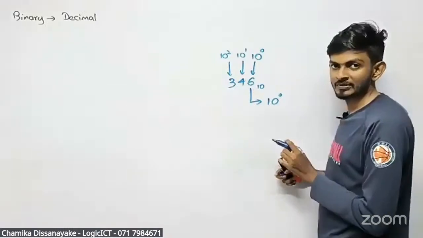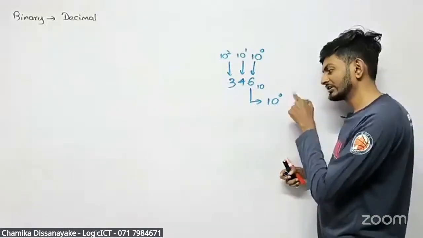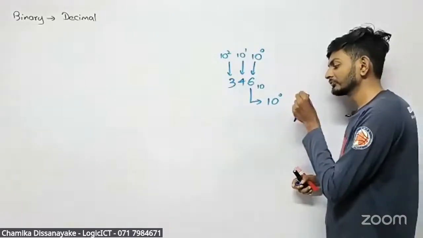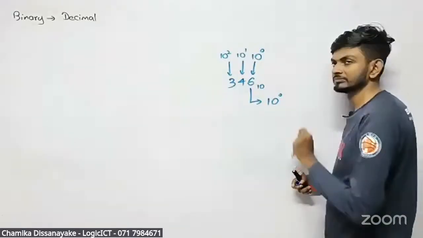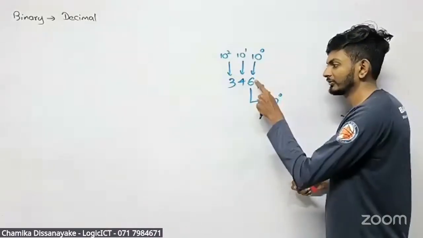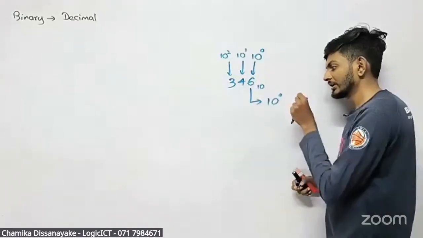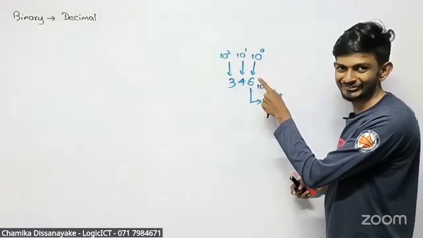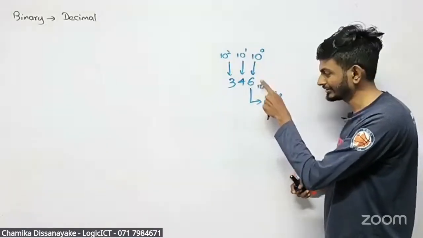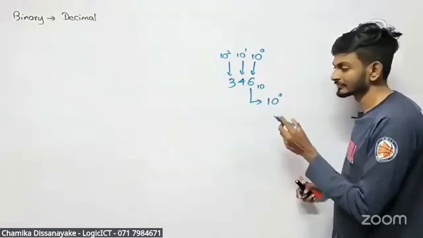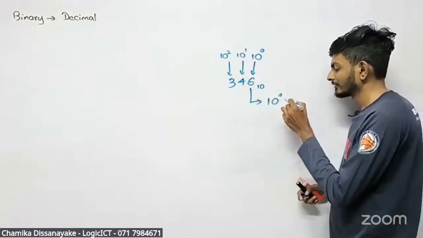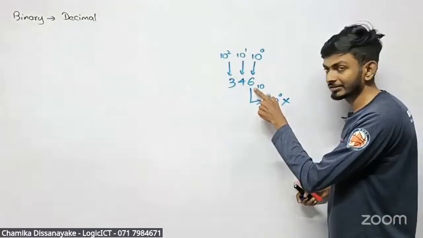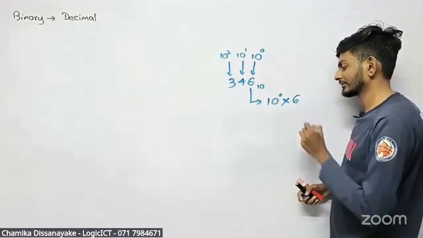Here we are going to do the calculations, that means we have to write the value of the symbol. Here we have the symbol 6, and the value is also 6.